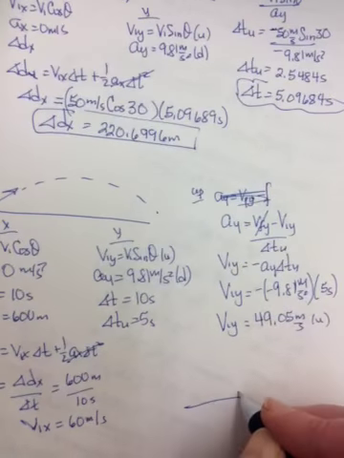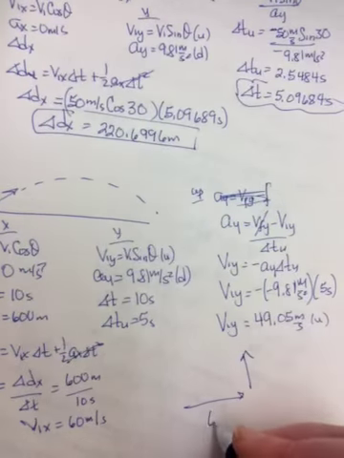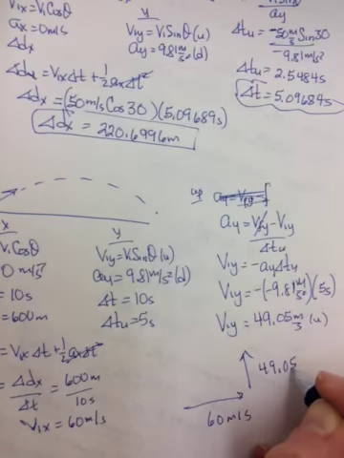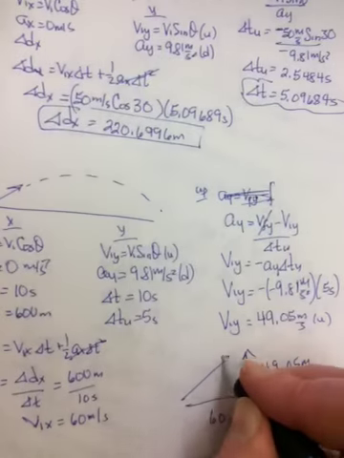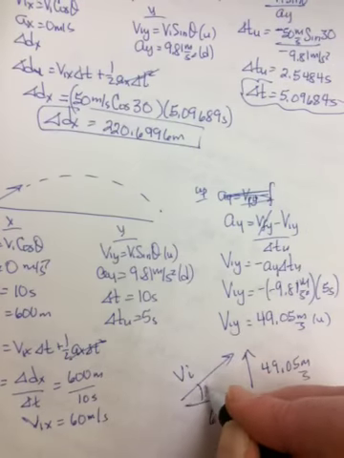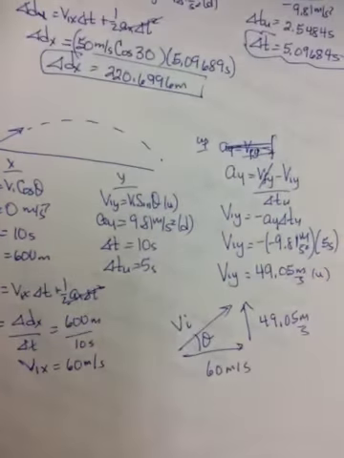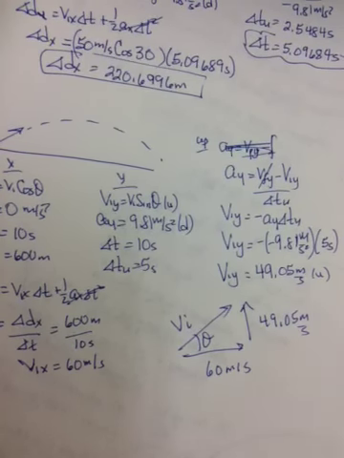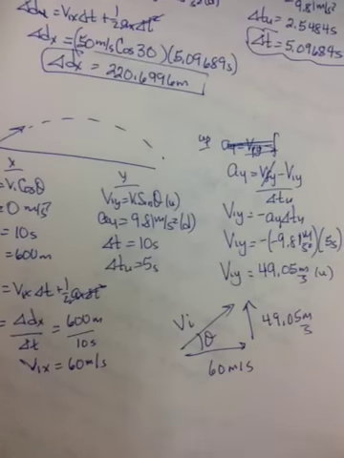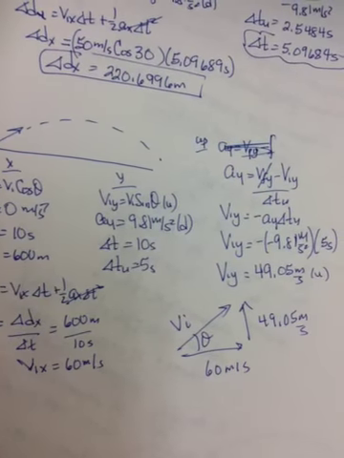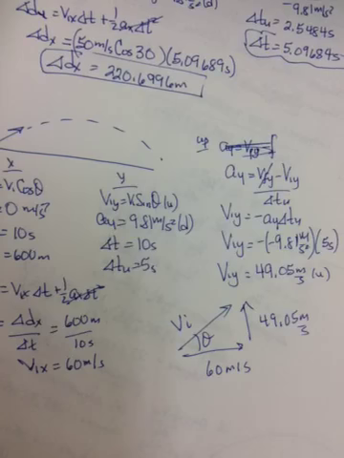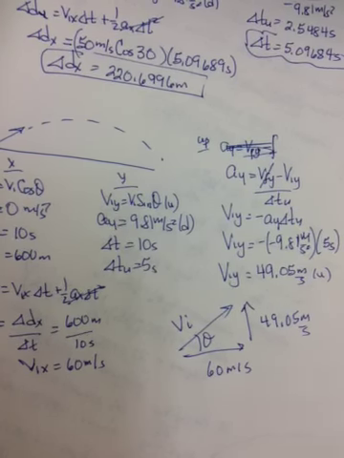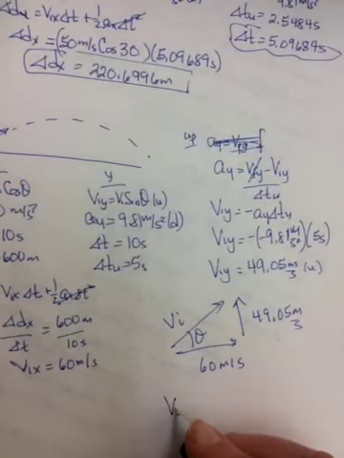Once you have those two, then you can just do Pythagorean theorem. 60 meters per second, 49.05 meters per second, square them, add them together, take the square root, find the angle. So, 49.05, going to run out of time, plus 60 squared, take the square root, 77.